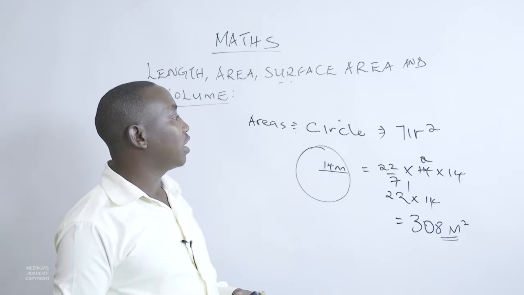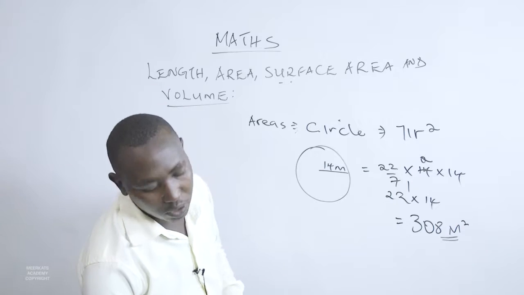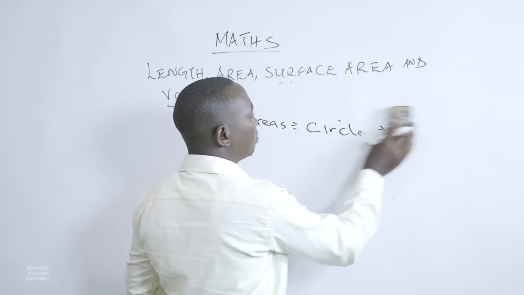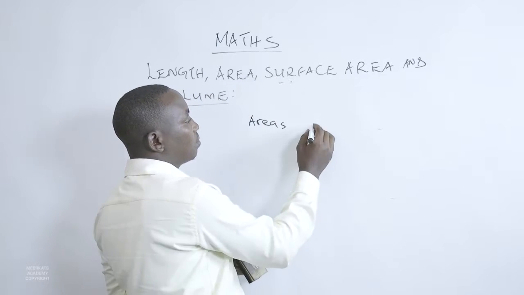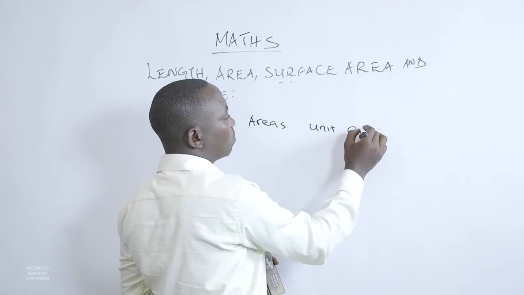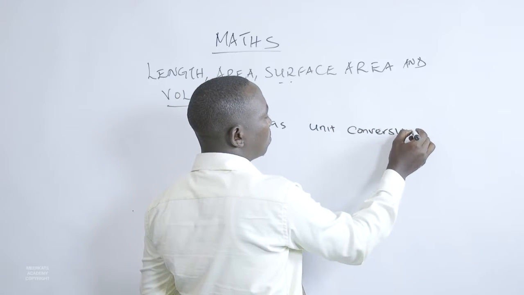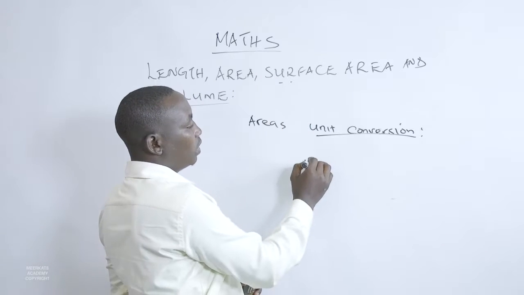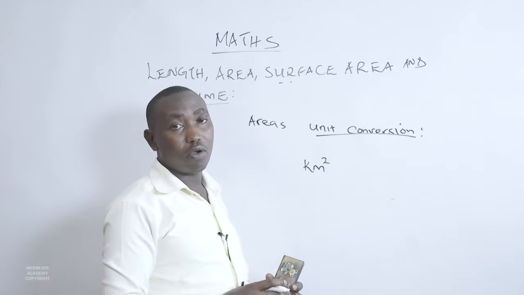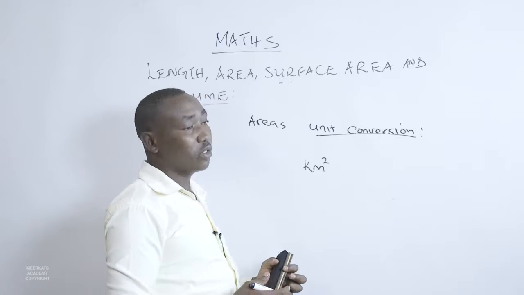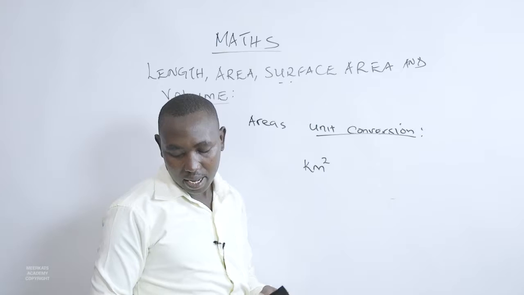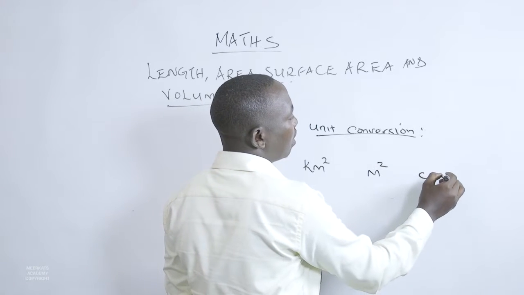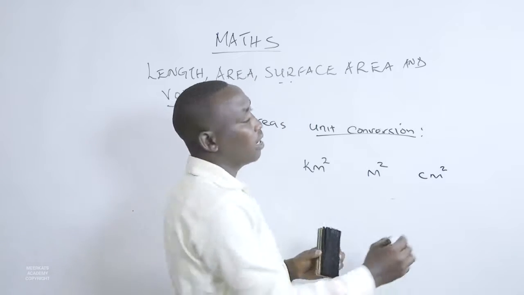The last aspect that we covered on areas was unit conversion. On unit conversion, we say that the basic unit conversions are the ones that normally convert from square kilometers to square meters to square centimeters and also to square millimeters.